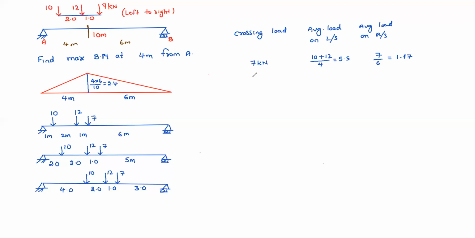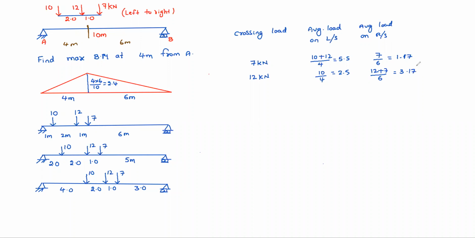Then 12 kilonewtons crosses the section. What happens? Left side only 10 will be there. 10 by 4 equals 2.5. Right side 12 plus 7, 19 will be there, by 6, which is 3.17.